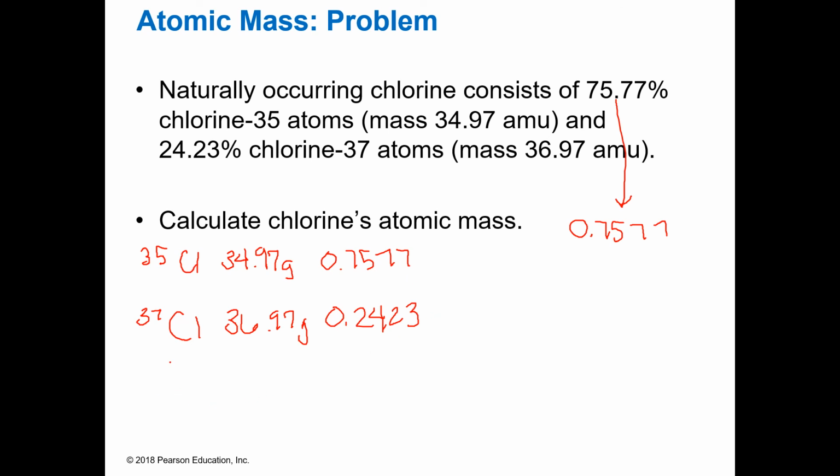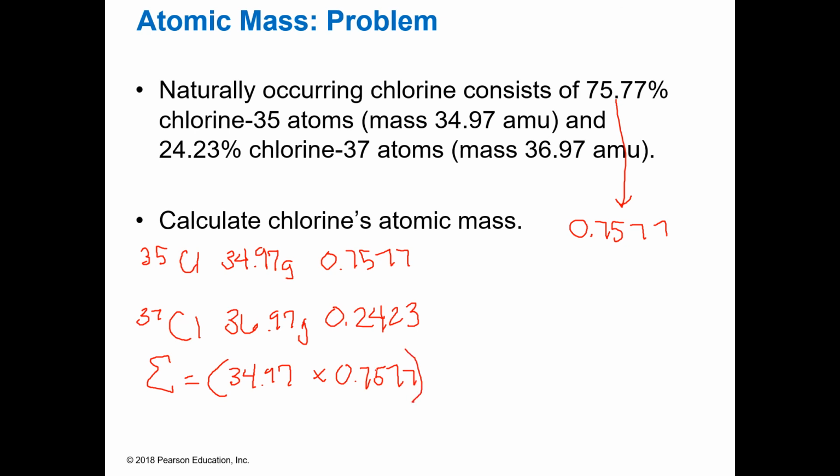Okay, so now to find the mass, I need to take the sum of the mass times the abundance. So I'm going to take chlorine 35, so you have 34.97 times 0.7577.